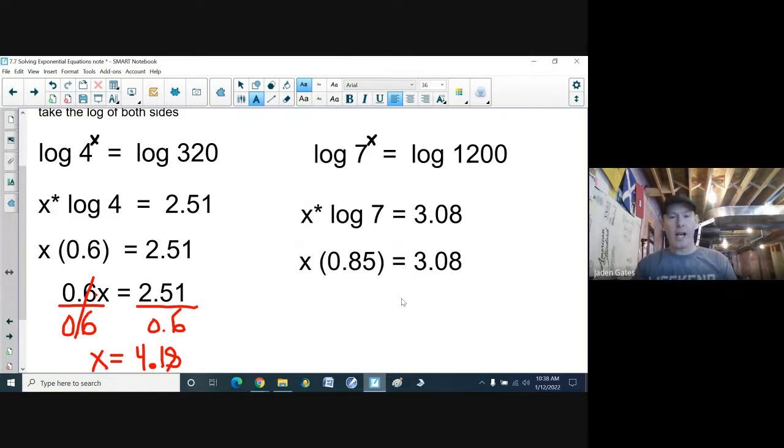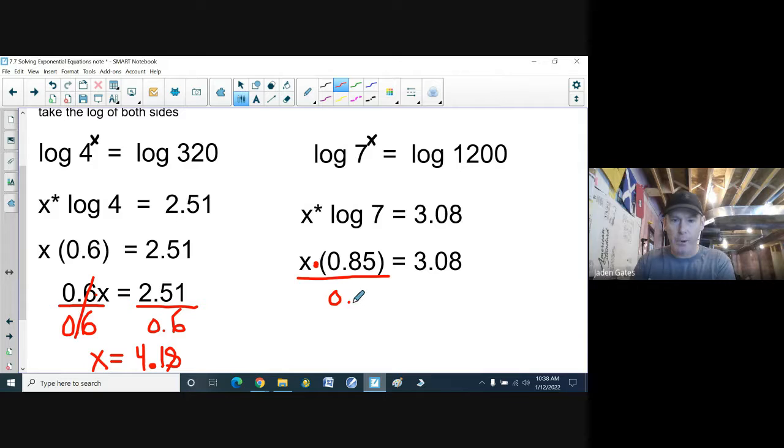All right, now my last step, get x by itself. It's multiplying by 0.85. So I'm going to divide both sides by 0.85. And those 0.85s divide each other out.